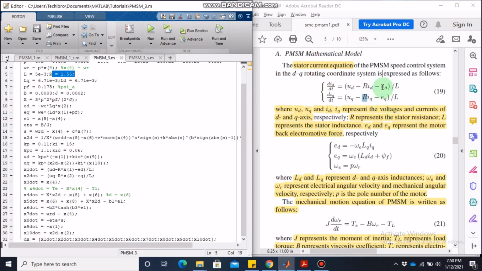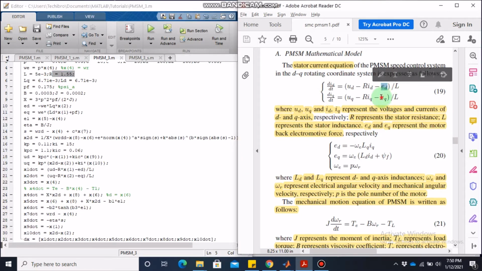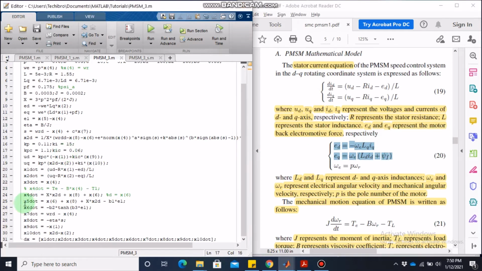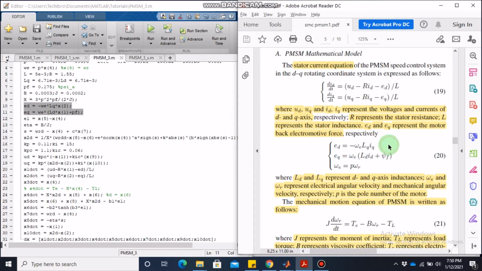The equations of ED and EQ are also given in the paper. Here are the equations of ED and EQ. So ED is equal to minus omega E times LQ times IQ.